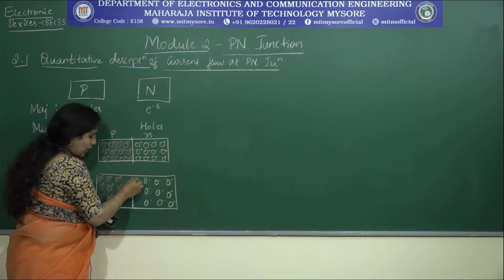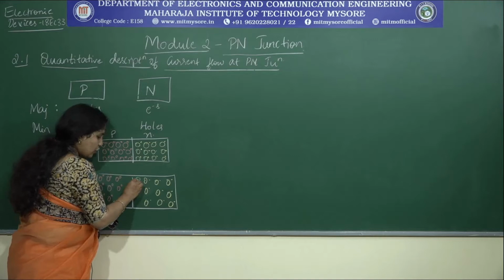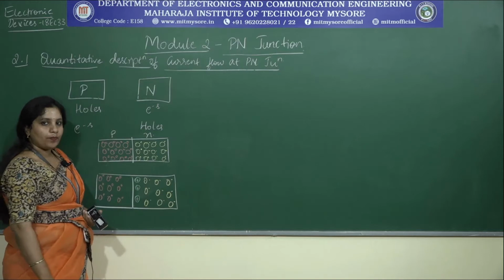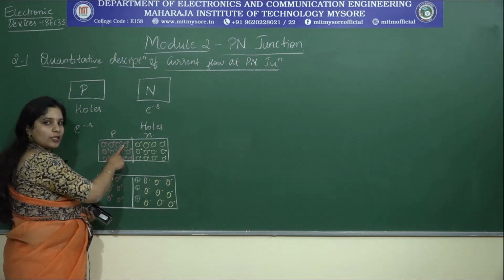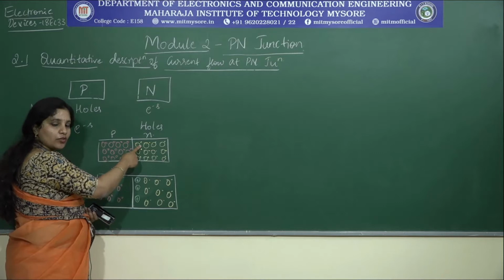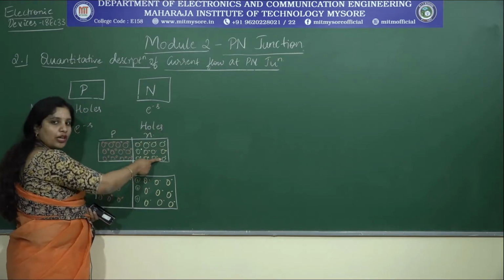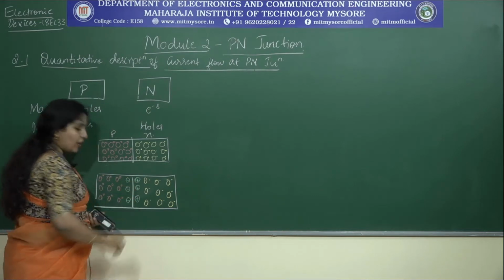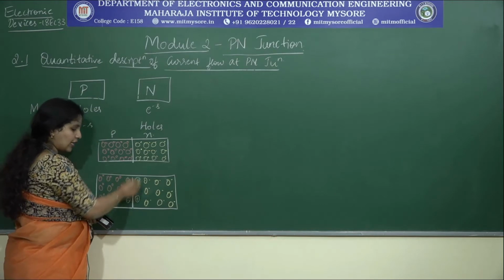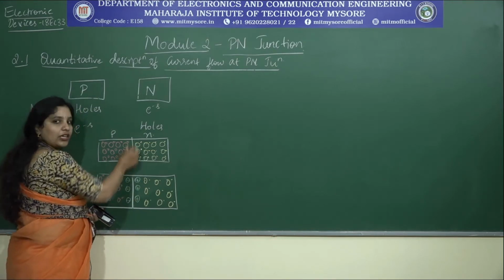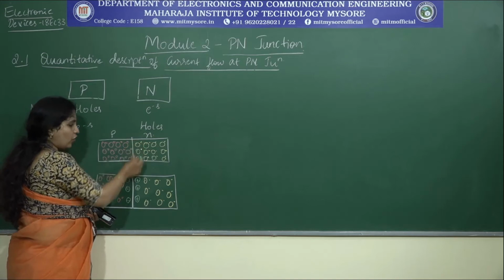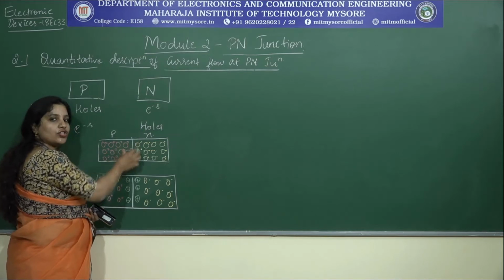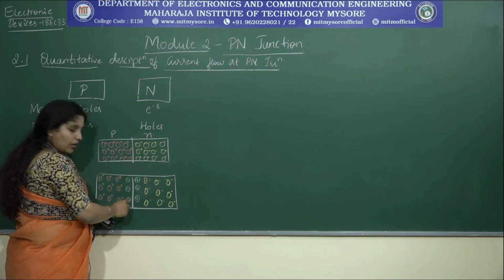As a result, there will be uncompensated donor ions present at the n side of the junction. Similarly, when the holes present here try to recombine with the electrons in the n-type, as they diffuse into the n-type material, uncompensated acceptor ions are formed at the junction, because this is the region where a different concentration gradient is formed. Here the majority are electrons, whereas there the majority are holes, which is no longer the same. The concentration is different. As a result, that is where the recombination happens.